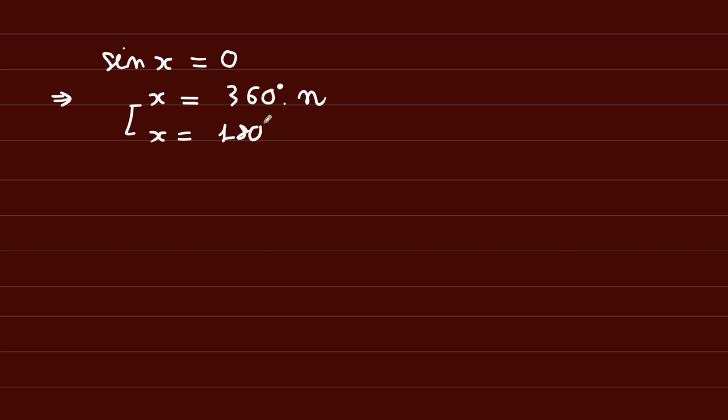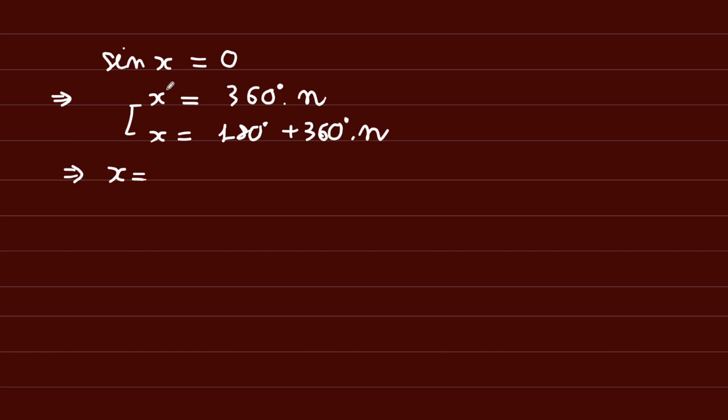Equation 1 gives you sine h equal to 0. This is a special trigonometric value, and the value for h here is 360 degrees multiply n, and the second one will be h equal to 180 degrees plus 360 degrees multiply n.